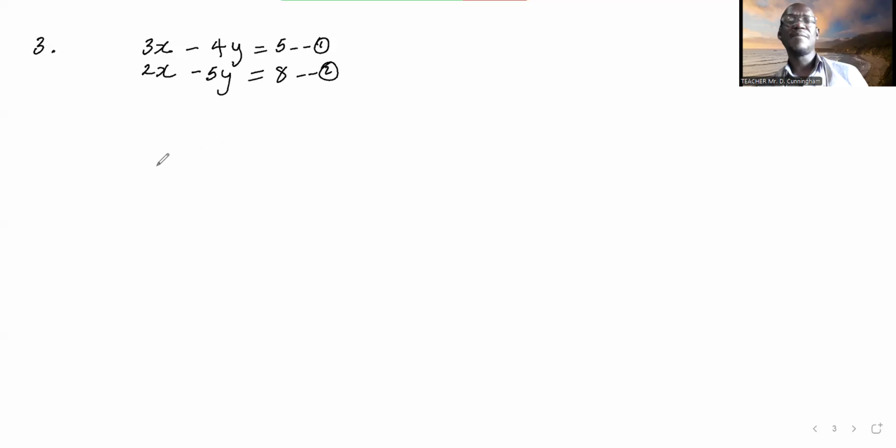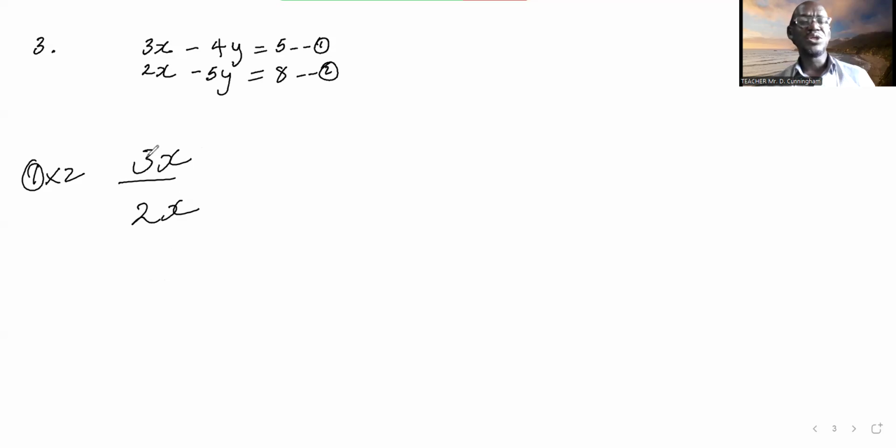Watch this trick. So this is 3x, and this one is 2x. If I multiply equation 1 by 2, the 3x becomes what? 3x multiplied by 2 is 6x, correct? Somebody answer me, so I don't feel like I'm talking to nobody.